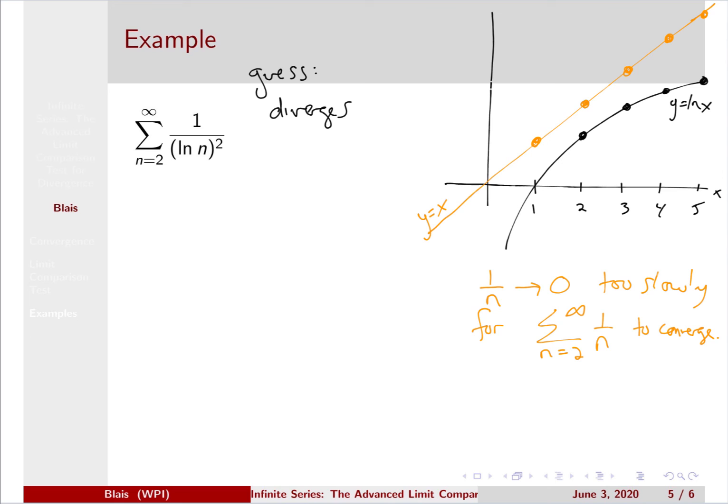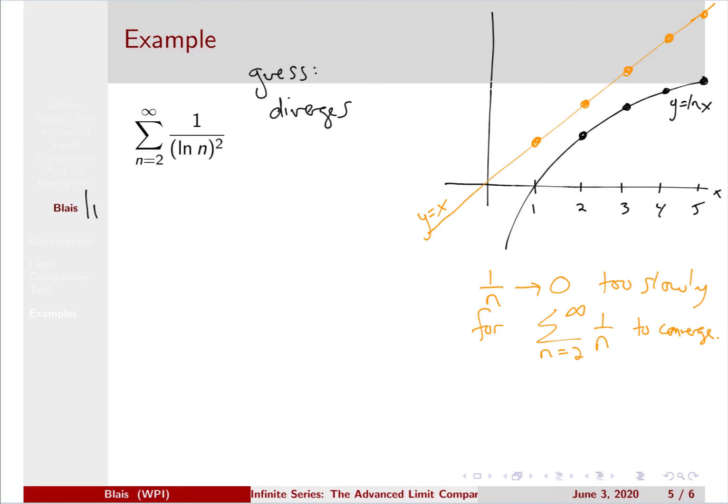And of course, with these types of questions, when you use a comparison test, you have to guess right for the test to work. If we guess it diverges, we think about the sum from n goes from 2 to infinity of 1 over n, the classical divergent series, to compare this to. So let's try limit comparison with it.